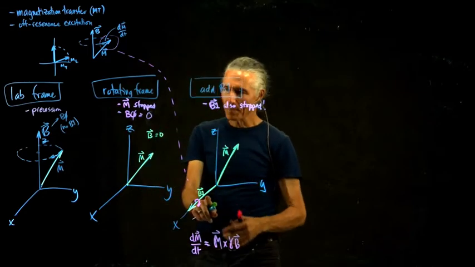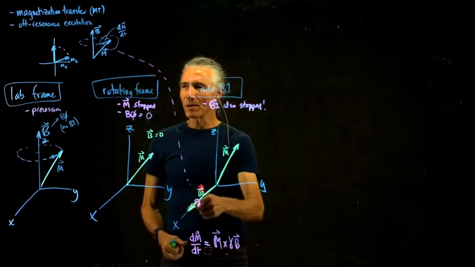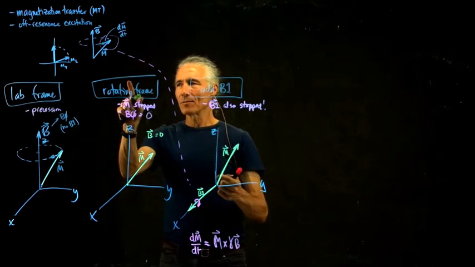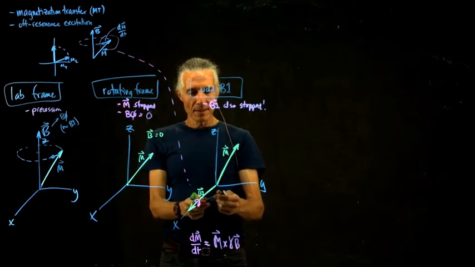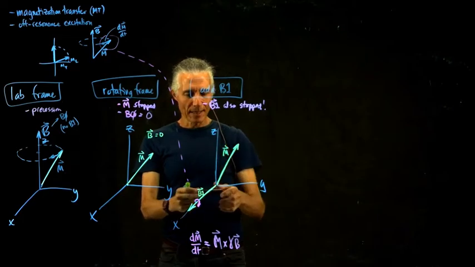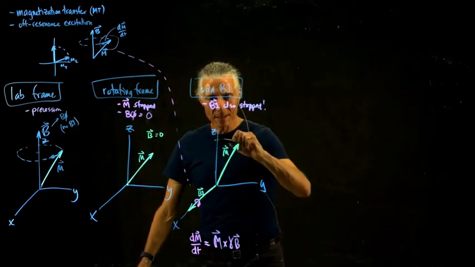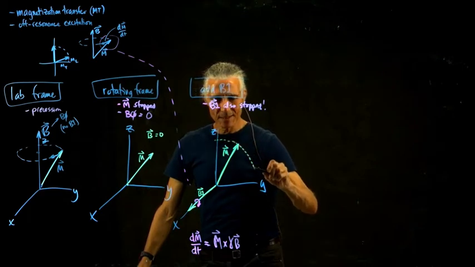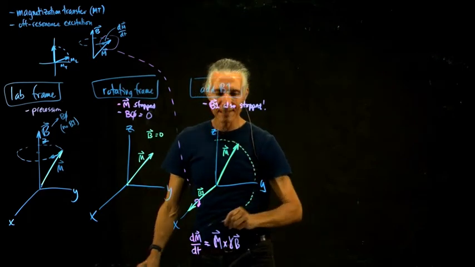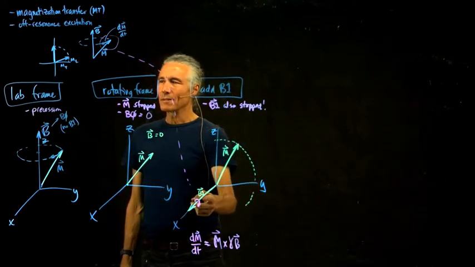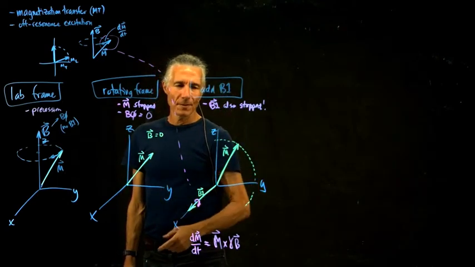The only component of the B vector is the B1 field, because we got rid of the z component by going to the rotating frame. And so now it just causes this guy to rotate. This one will basically just precess slowly, you can think of it as precessing slowly around the B1 field. So that's a flip.